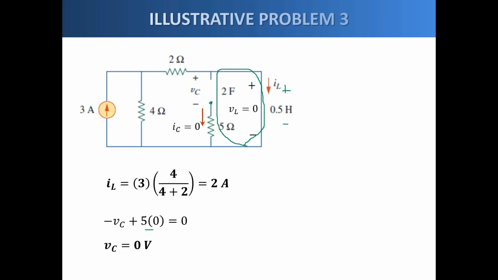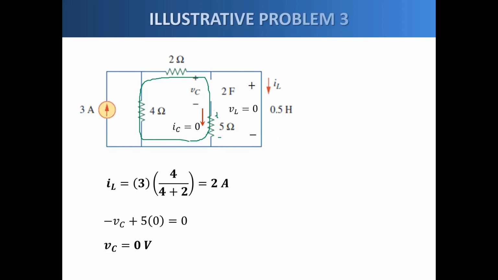Plus or minus the voltage across the 5 ohms. So here, this is a minus, this is a plus, based on the direction of I_C. But I_C is 0 as well, so therefore we get V_C equals 0. We could have used this loop to get the V_C, this loop here. So here, this is the plus, this is the minus.